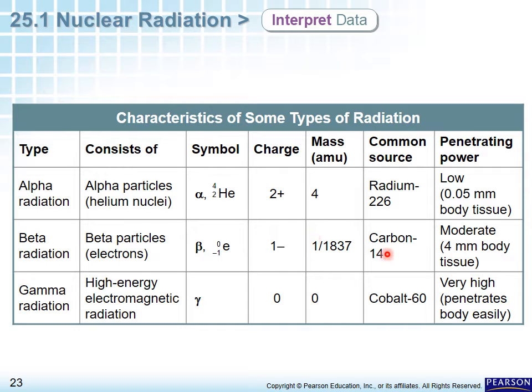The common source is carbon-14, and the penetrating power is moderate, 4 millimeters of body tissue.